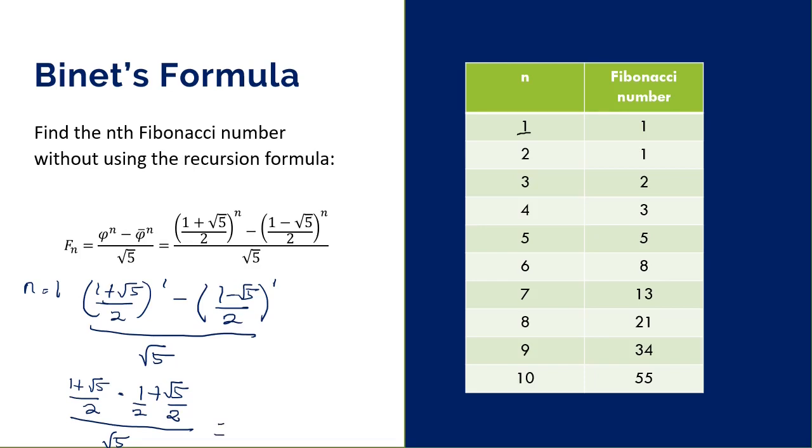What is that? The numerator will just be, we will be left with square root of 5 over 2 plus square root of 5 over 2, over square root of 5. The numerator is square root of 5, and square root of 5 over square root of 5 is equal to 1. That's our Binet's formula.